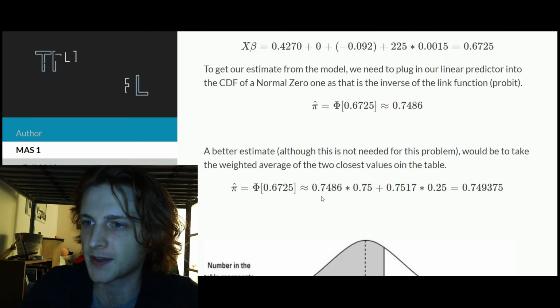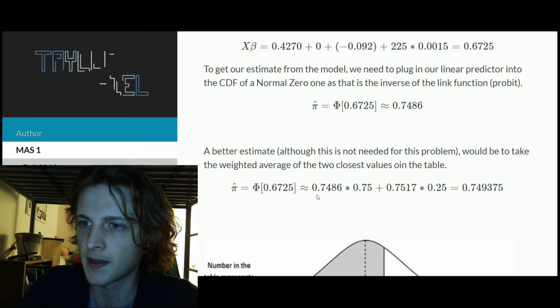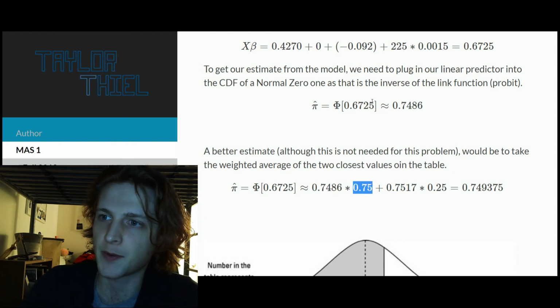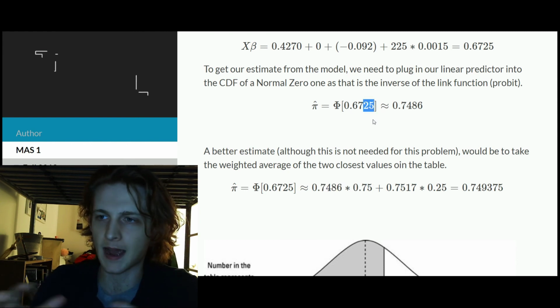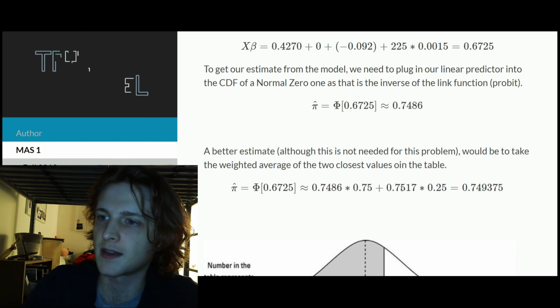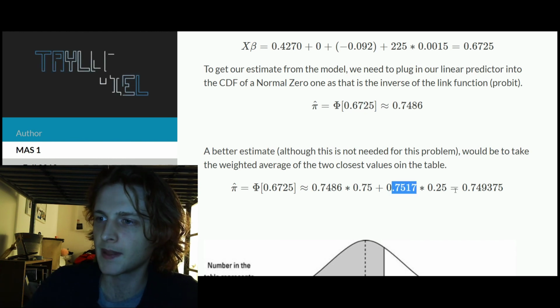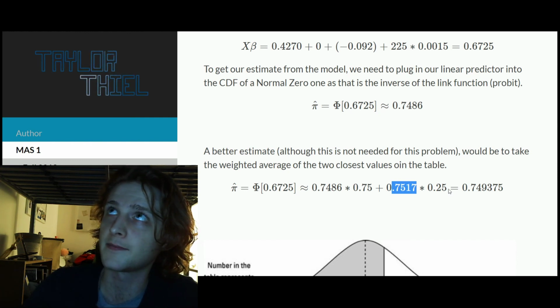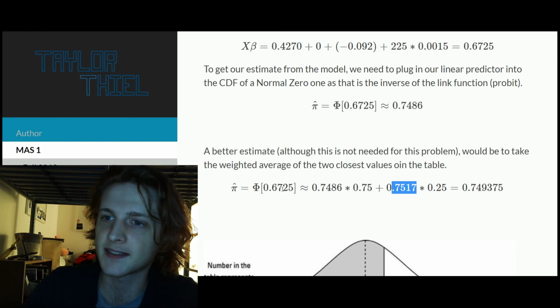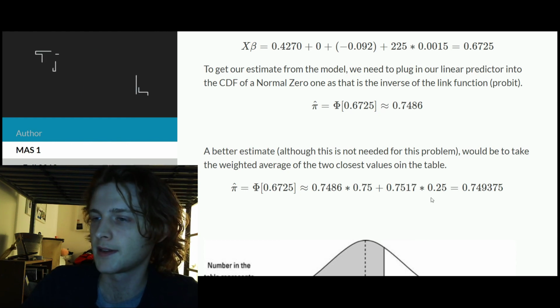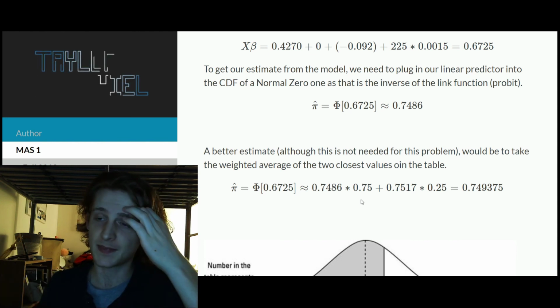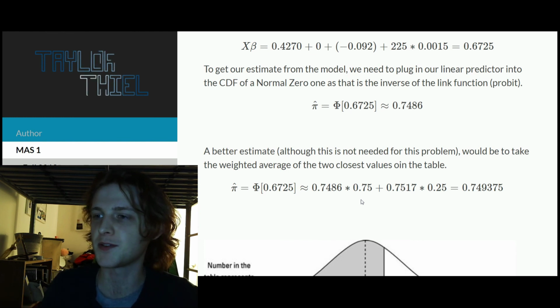So to actually look up these values, 0.67 results in this number, and that gets 75% of the weight because of how close it is versus the other value. And this is the value if you had a value of 0.68 instead of 0.67.